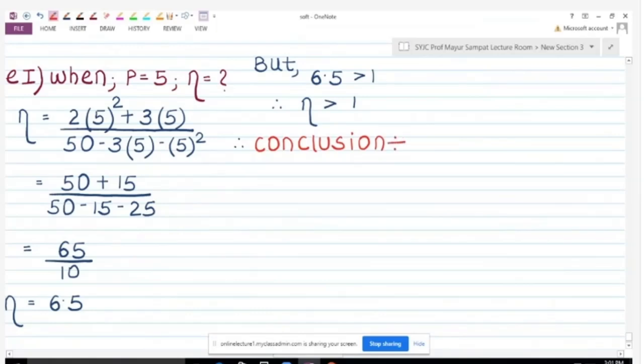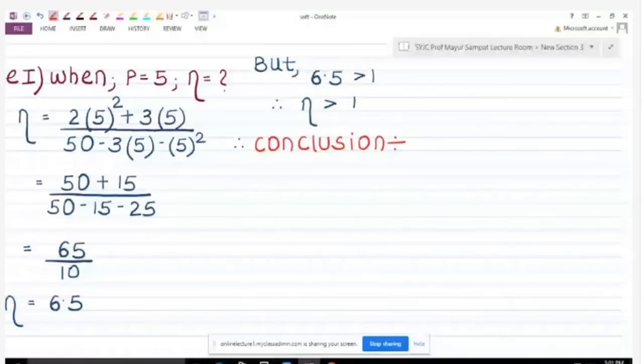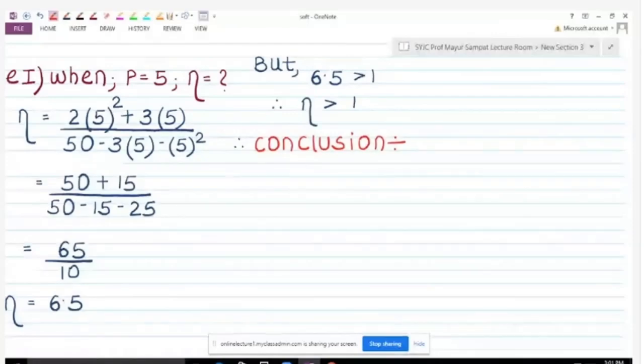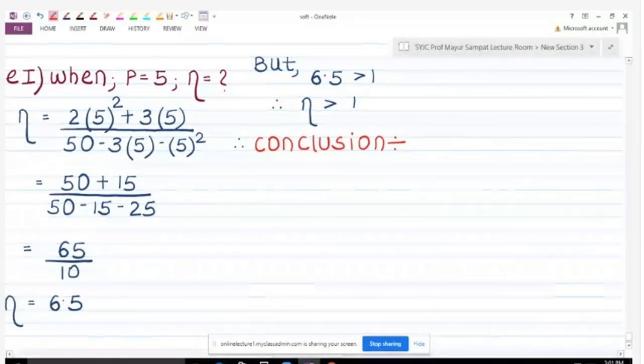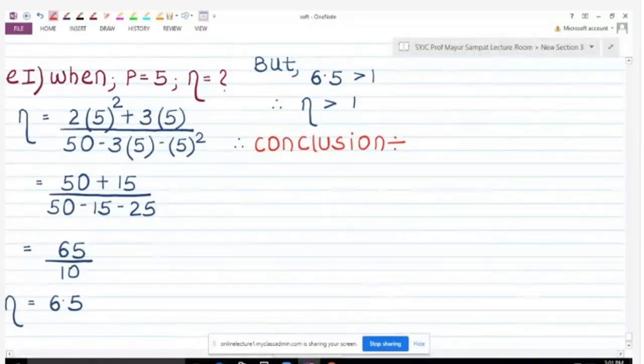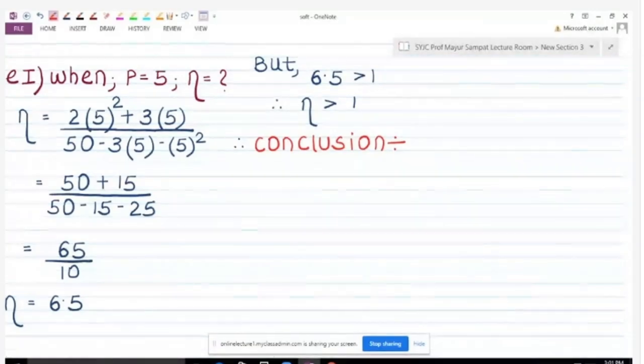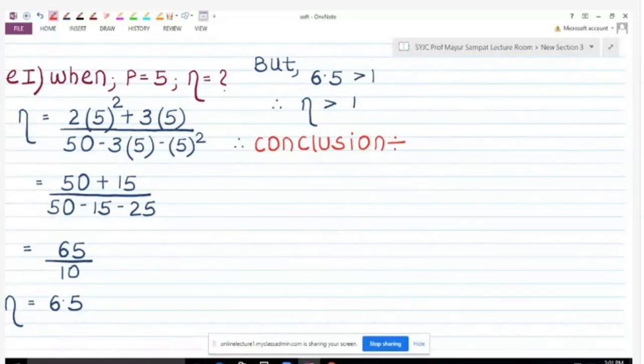Check the points you remembered: when the value of eta becomes greater than 1, you can write down: the demand is relatively elastic when the price is 5.